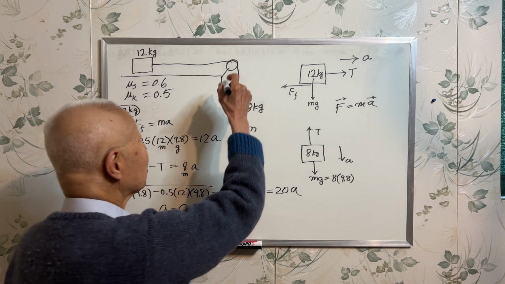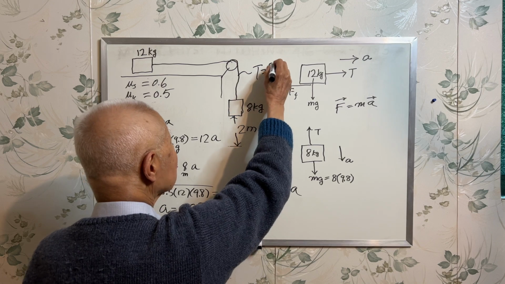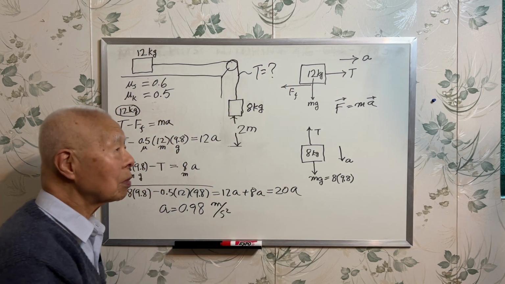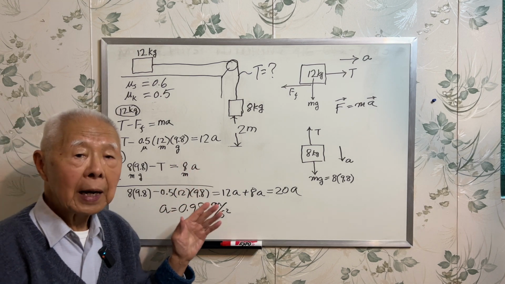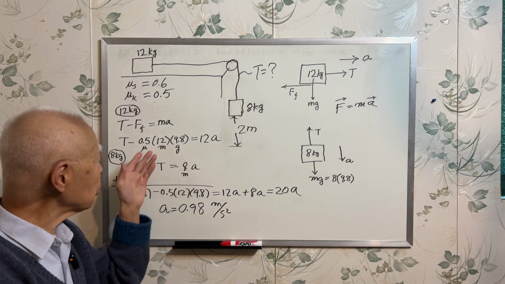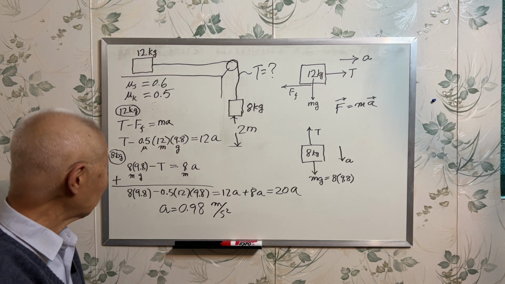Let me label that. So this is how you find the T. We find the a first, and then you can substitute the a into either equation and find the T.